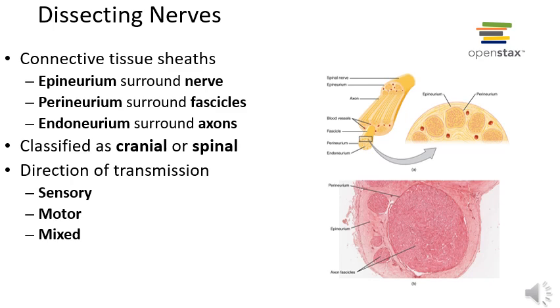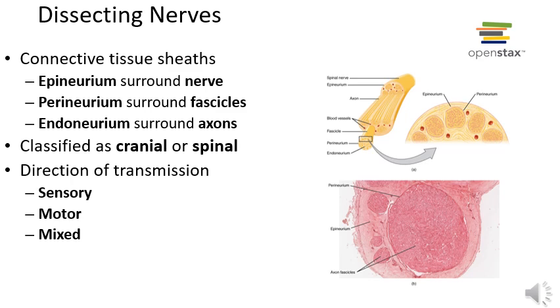Sensory nerves, consisting of sensory neurons, carry information into the central nervous system, hence also called afferent neurons, and motor nerves, consisting of motor neurons, carry information away from the central nervous system, that is, efferent nerves, or efferent neurons.